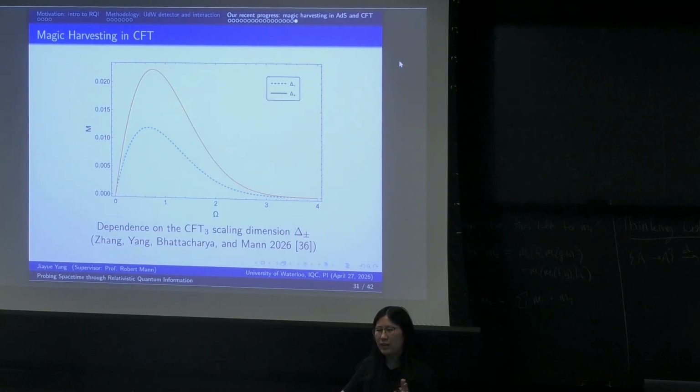Which one is fast falloff? Which one is slow falloff? This corresponds to different boundary conditions of the bulk fields. That's why you can get 2 scaling dimensions. So the yellow one is going to be Dirichlet boundary conditions in the interior? Yes, this is Dirichlet, and the other one is Neumann.